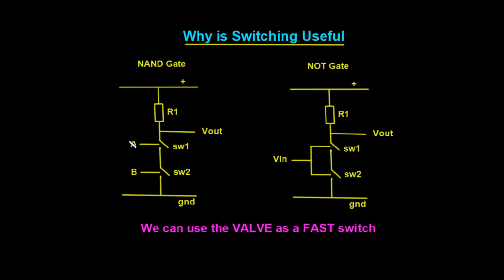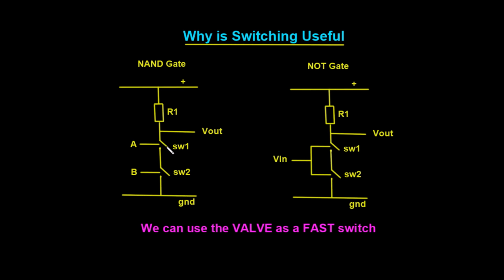So whenever we put a high input in here and a high input in here, both of these close over and this goes low. So two high inputs will give us a low output. Alternatively, if any one of these inputs goes low, then one of the switches will open.